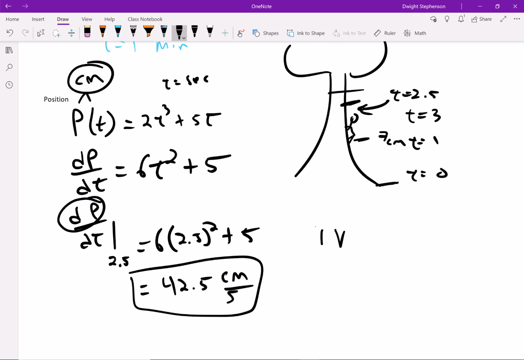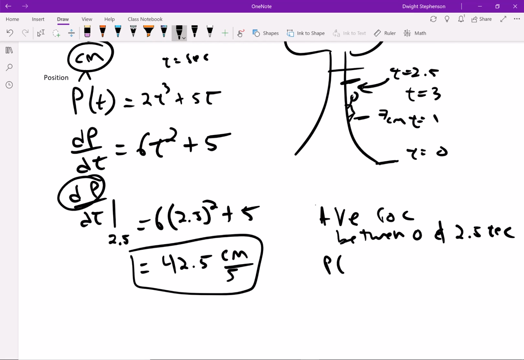Another question that we should be able to answer is, what was his average rate of change between 0 and 2.5 seconds, right? This is the case where you do p of 2.5 minus p of 0 over 2.5 minus 0.